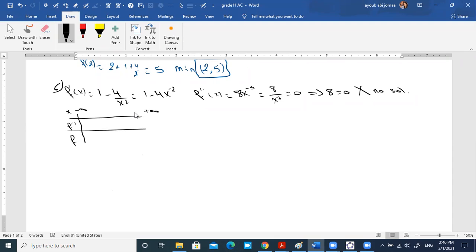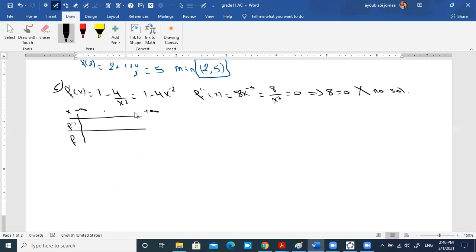Okay. Now here again, as usual, values of x: what we got in f double prime when you put the second derivative equals 0. Here we don't have any value. Okay. But we also have the domain.